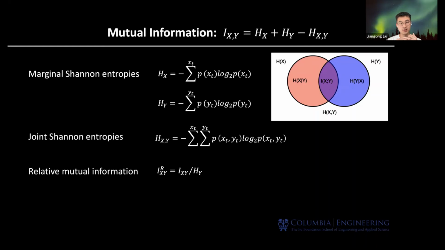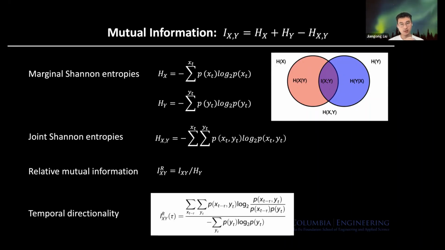Mutual information quantifies the information shared between two variables, and basically it's a measure of uncertainty. So if the mutual information is high, it means the reduction in uncertainty is high. One unique advantage of mutual information is that it can give us an estimate of the temporal direction of two variables in the process.